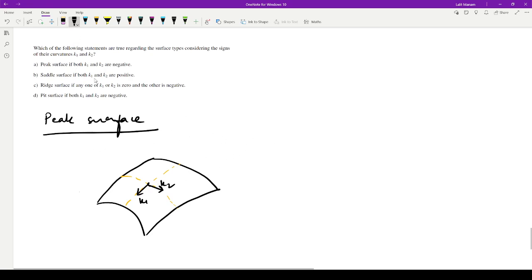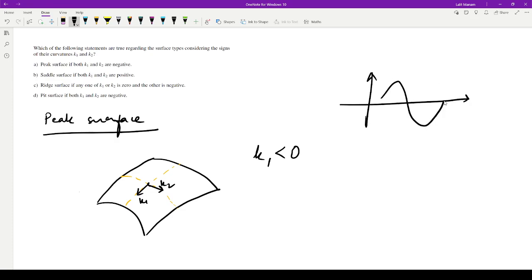Given this curve, what should be the values of K1 and K2? K1 is like a maxima, right? Yes, sir. So it will be less than 0. I hope you are getting this analogy from the high school basics that was also given in the class. If you take the second derivative at this point, what will it be?